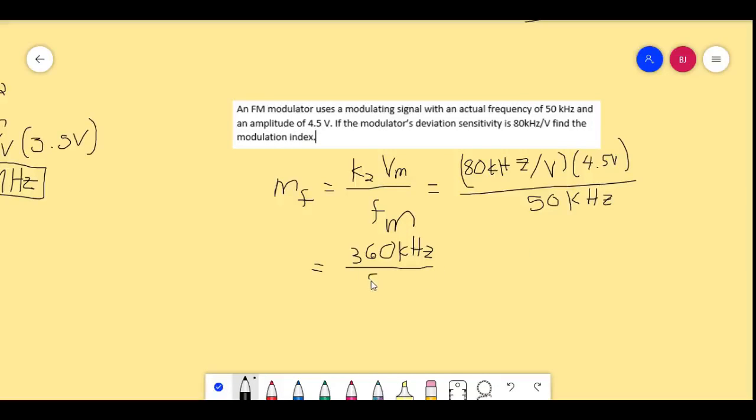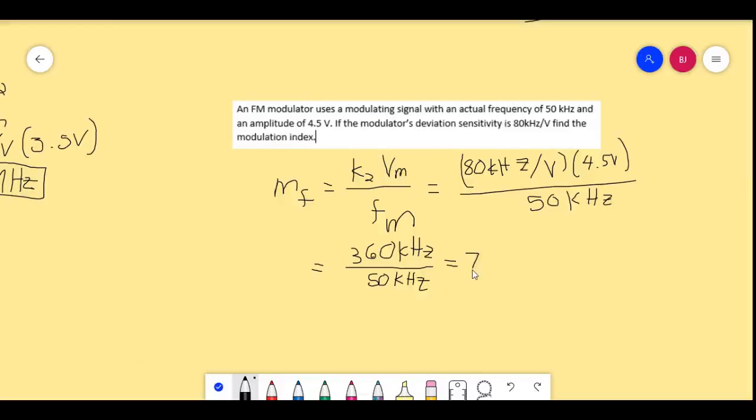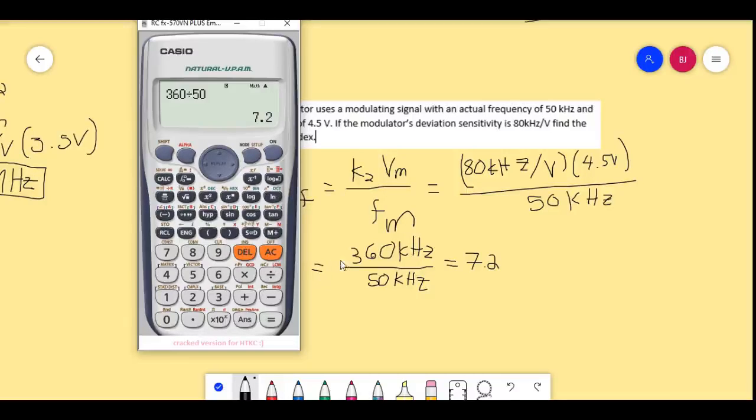Divided by 50 kilohertz. And that would give us a modulation index of 7.2. If you notice, I directly divided 360 by 50 as they are both kilo. Again, if they have different prefixes, you're not allowed to do that.